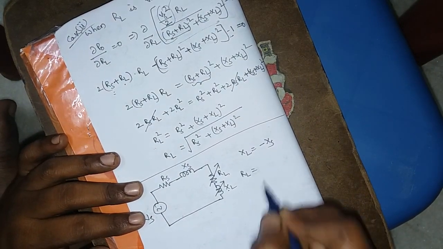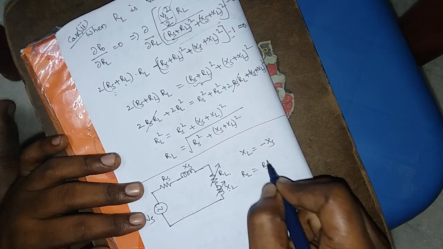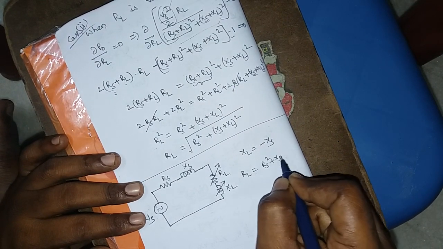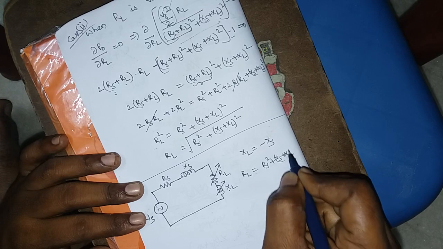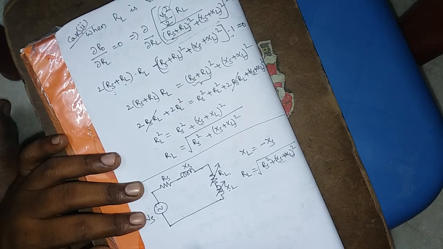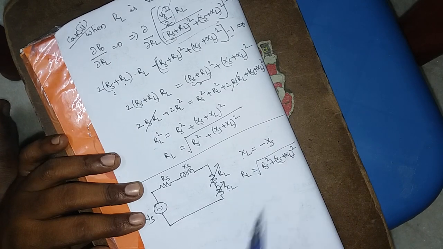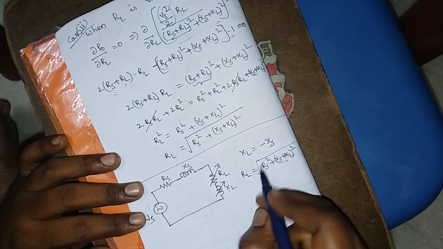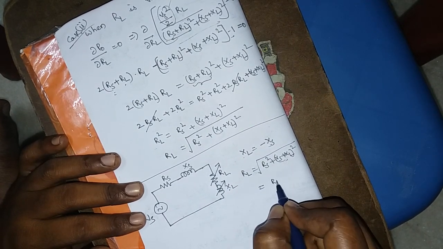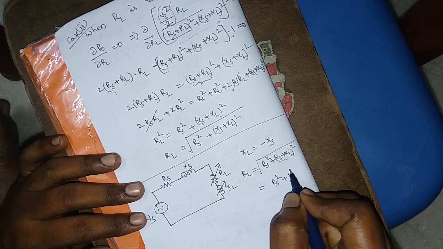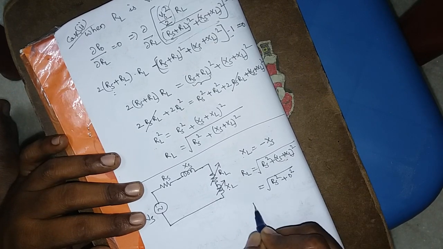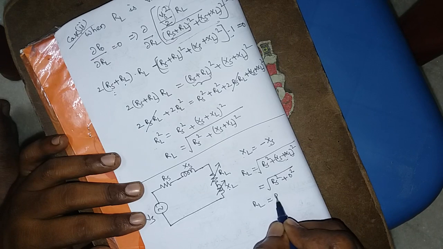RL is equal to square root of RS square plus XS plus XL whole square. Already we got the condition that XL is equal to minus XS. So if you substitute here, you will get RS square plus 0 square. That means RL is equal to RS.